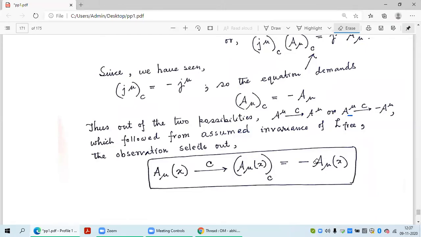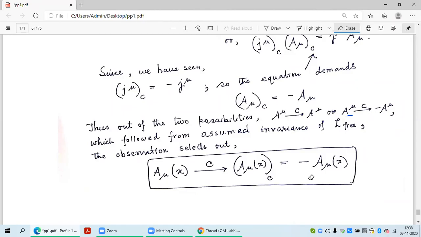Applying this minus sign just differentiates how the photon will interact with charges and currents, J mu. The electromagnetic field will interact with J mu. It can interact in two ways: A mu going to A mu or A mu going to minus A mu, both ways. But observations show that it can only interact when A mu goes to minus A mu.